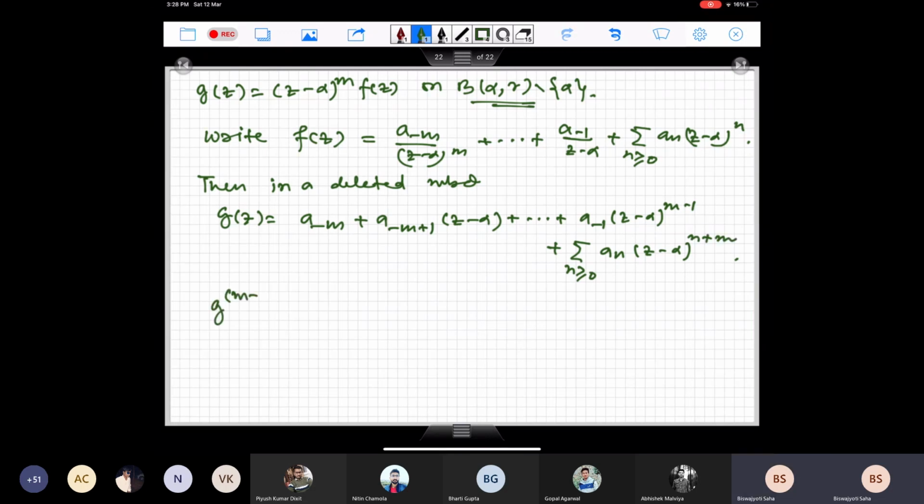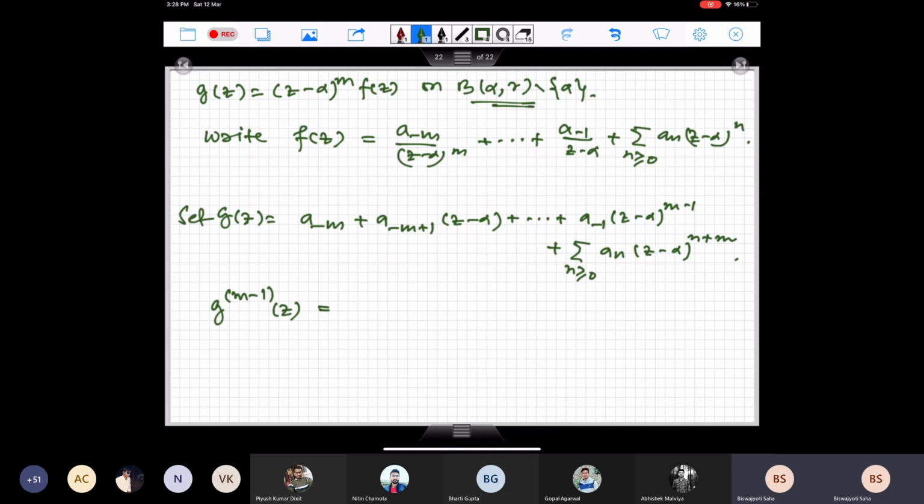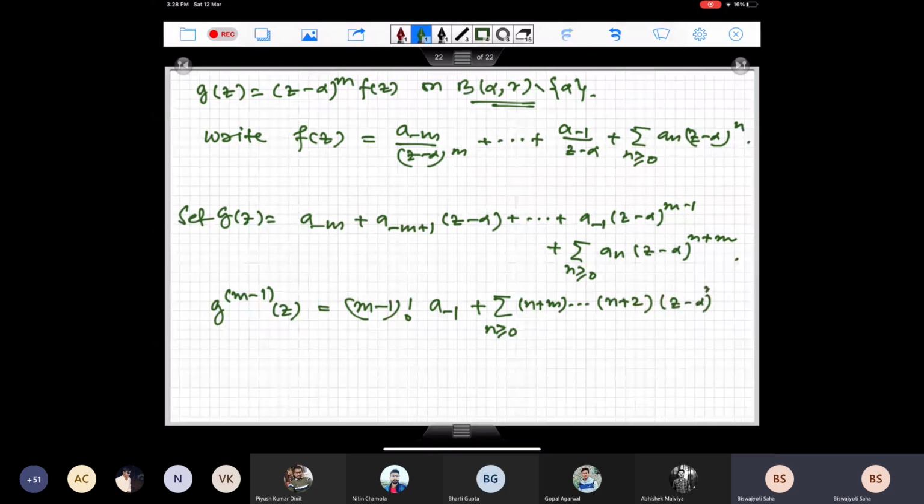So if you take the (m minus 1)th derivative of this power series, set g(z) equal to this, then the (m minus 1)th derivative of g is going to be just (m minus 1) factorial times a_{-1} plus the summation over n bigger than or equal to 0 of (n plus m) and so on and so forth up to (n plus 2), times (z minus alpha)^{n+1}.